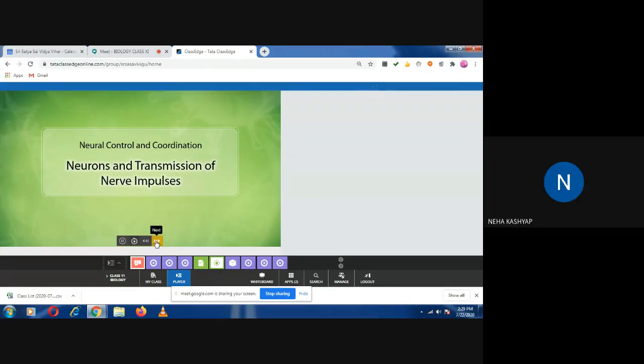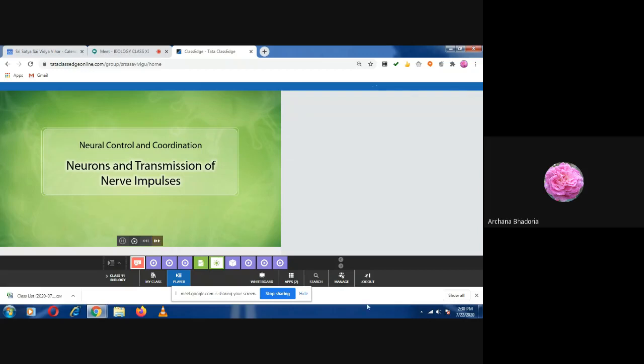Ma'am, in the sympathetic nervous system, the overall effect on the organ is stimulatory, but in parasympathetic, it is inhibitory. Inhibitory. Correct. So this difference should be known to everyone, how parasympathetic and sympathetic are differing.